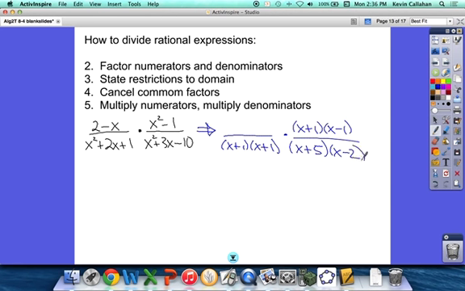So again, there's a 2 minus x that is supposed to be here. But you can see that there's a factor of x minus 2 in the denominator here. So in order that they are the same, then I can cancel them. In the step that I'm factoring, I'm going to rewrite this like x minus 2, which means I have to put a negative in front of it. Right? By switching the order, I made it opposite. So I put a minus in front.